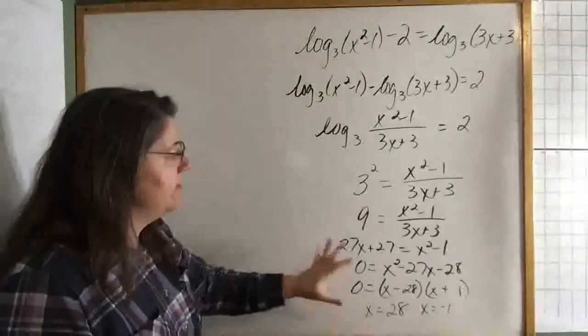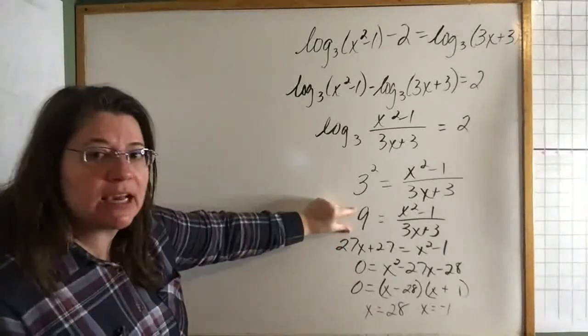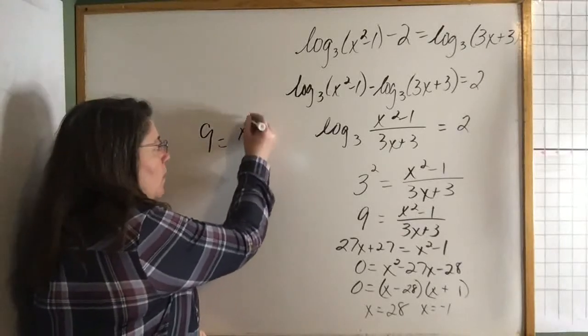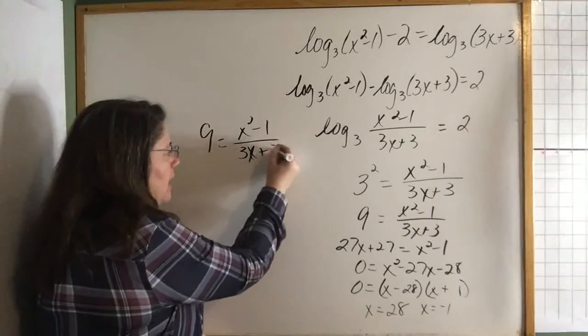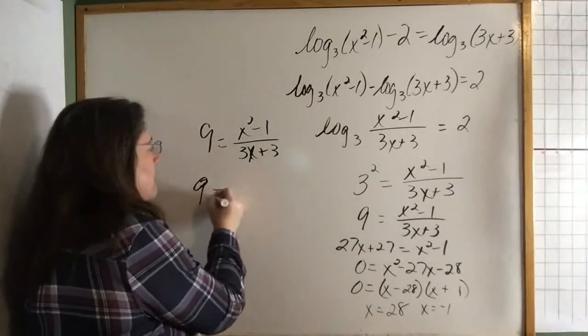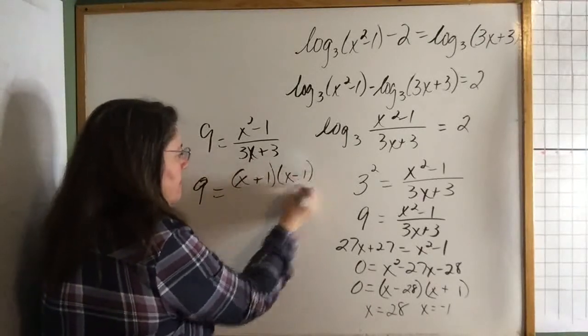And let me show you why. This is a great example to show you why that is. If you look back to this section right here, if we take 9 equals x squared minus 1 over 3x plus 3, and I factor that to see what happens, I've got 9 equals x plus 1 times x minus 1, because that's the difference of squares.